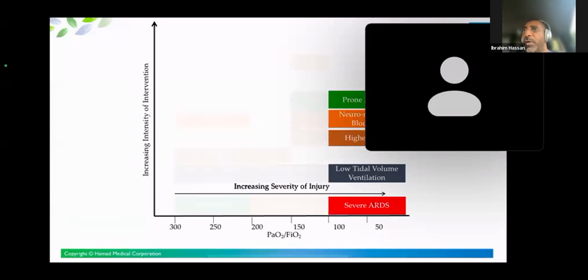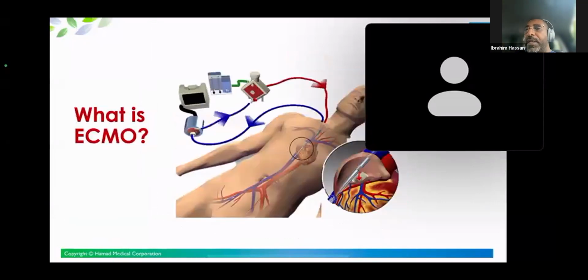Unfortunately, prone position, one of the best treatments for severe ARDS, is not always possible to do on patients with trauma, polytrauma, and traumatic brain injury. And if you go to rescue therapy from that, high frequency oscillation is not being used in adults anymore. So you pretty much have ECMO as your next step.